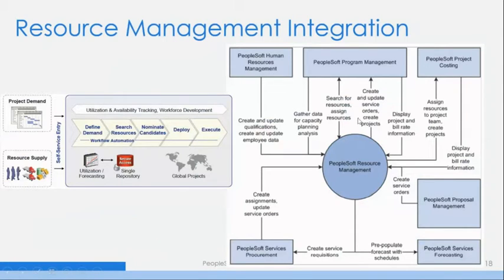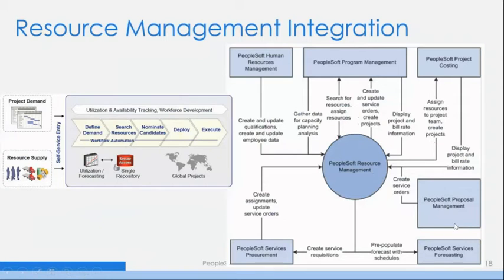It integrates closely with program management. As we talked about earlier, program management is really for tracking the projects and the demand for resources. So that demand gets fulfilled with the resource management module. And then, of course, project costing is used as well. A lot of that project data is actually set up and managed in project costing.